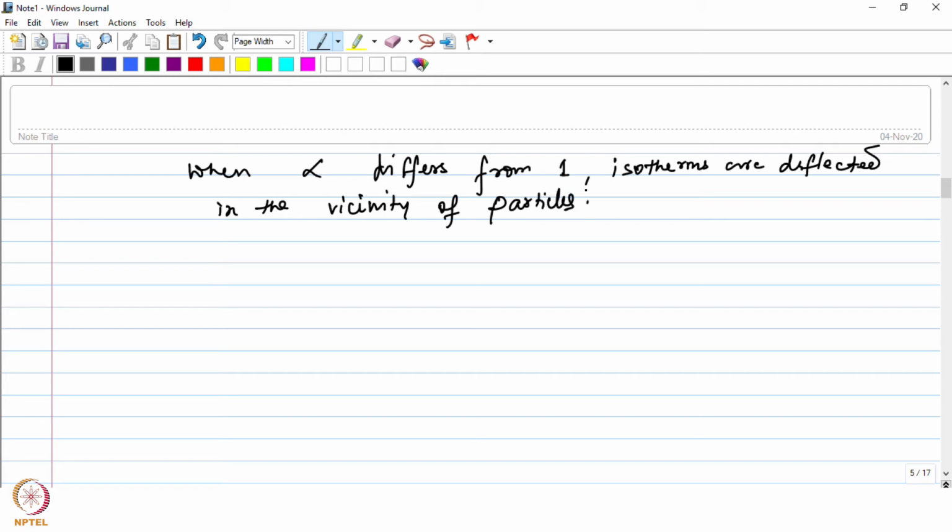What I mean to say by that can be understood from these diagrams. So let's say this is a particle and these are the isotherm lines. Okay.